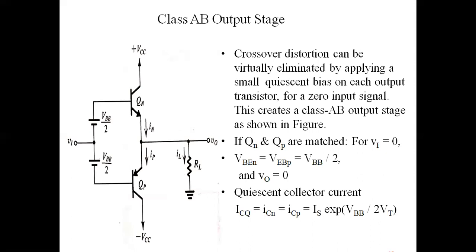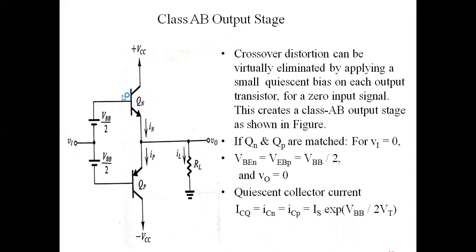In the class AB output stage, the crossover distortion can be virtually eliminated by applying a small quiescent bias on each output transistor, as shown in the figure.